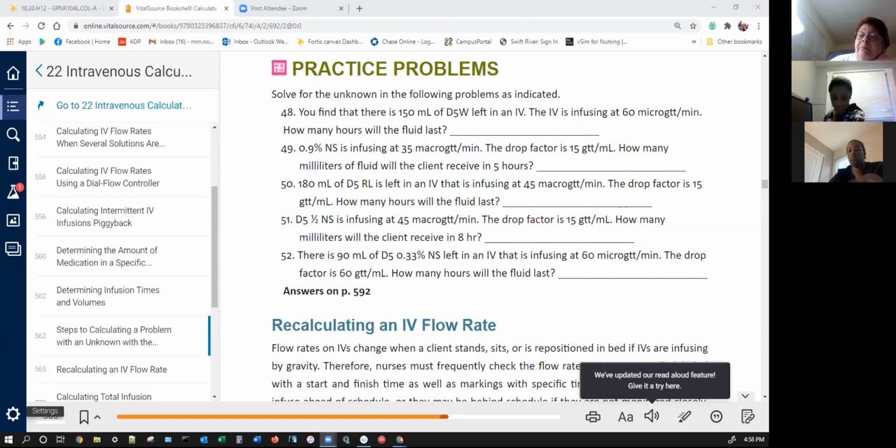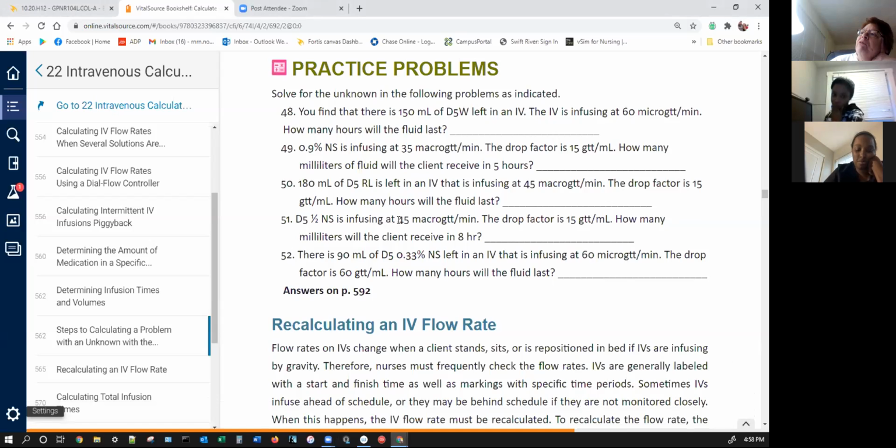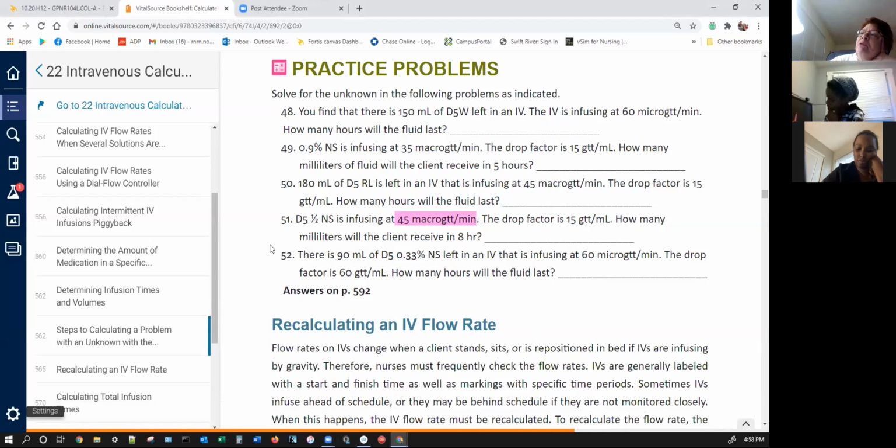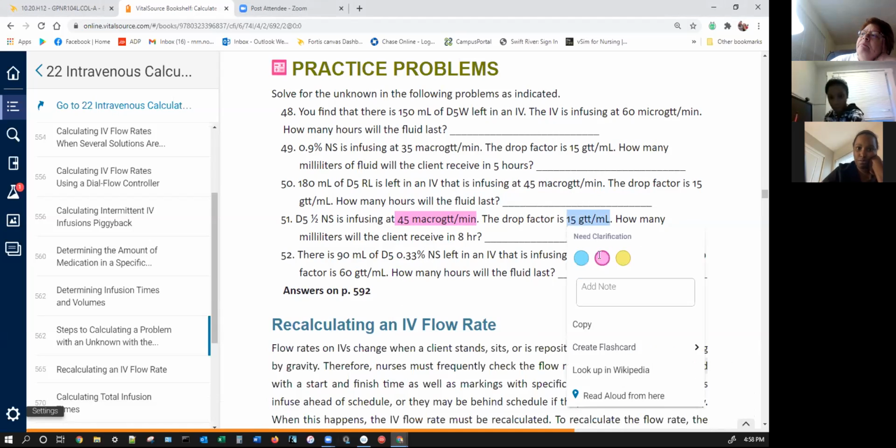Raven, did we lose you? Yes. Okay. Start with, what are we running at? We're running at 45 macro drops per minute, right? So there's the first part of the problem. Now we're at 15 drops per milliliter, so that's going to be part of your problem, right?